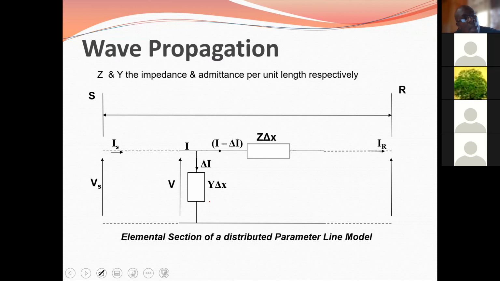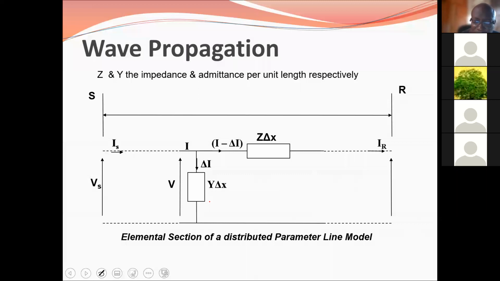All right. So while you draw this, let's just identify a couple of things. So Z and Y are the impedance and admittance per unit length.